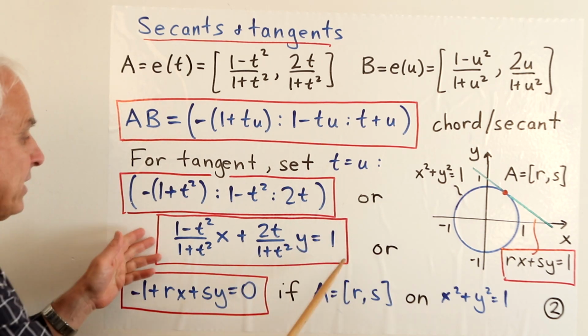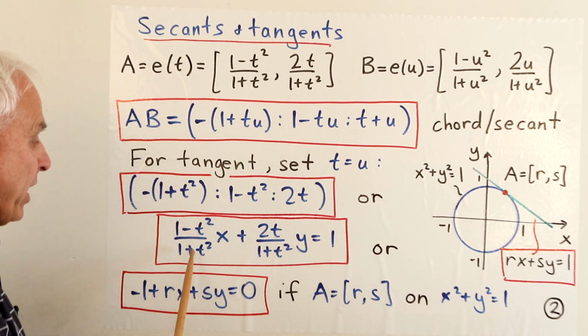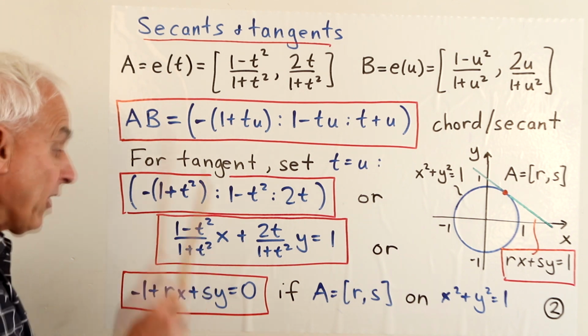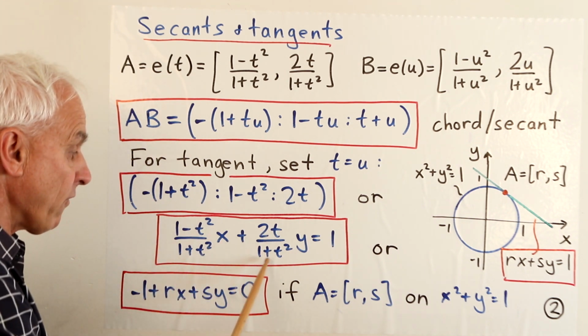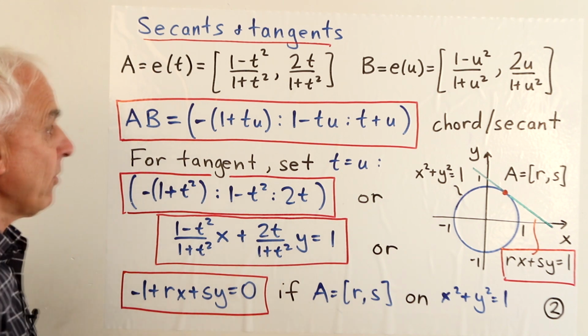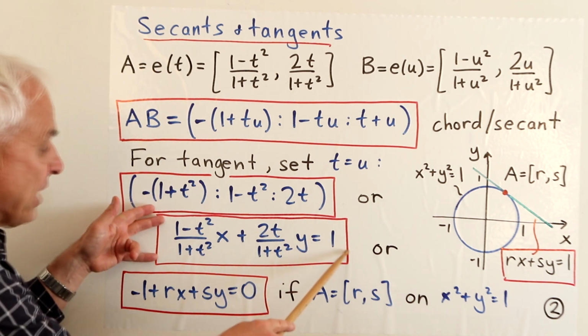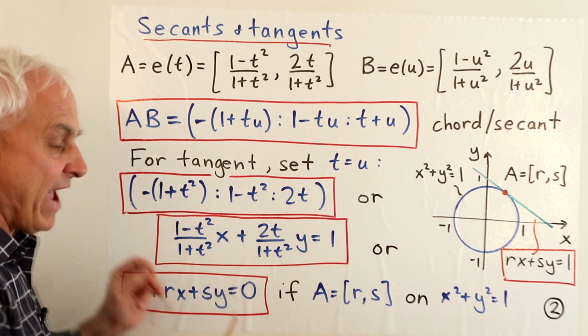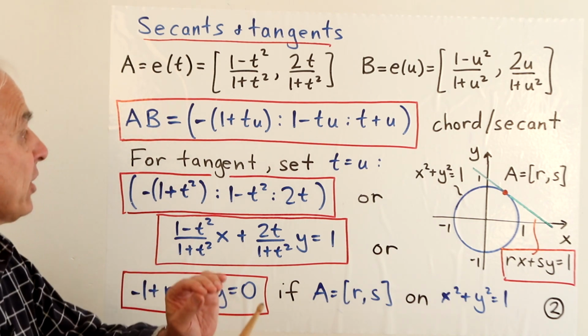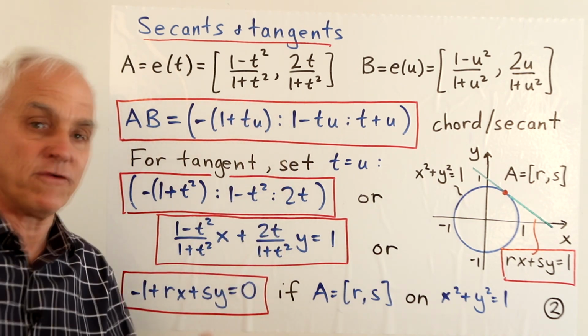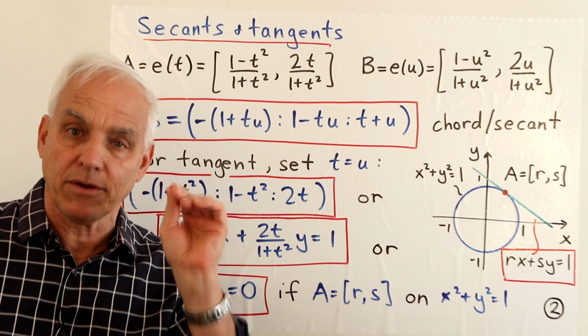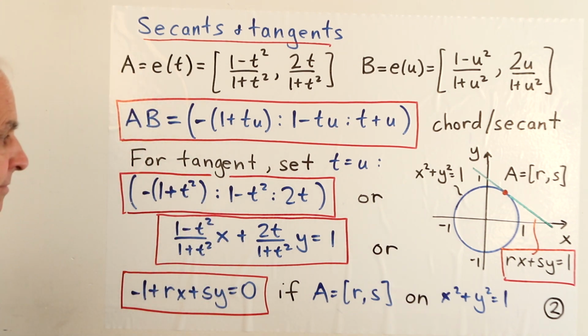Then we get the equation (1 minus t squared over 1 plus t squared) times x plus (2t over 1 plus t squared) times y equals 1. And that's very nice because we see that the coefficients of x and y are exactly the x and y coordinates of the point A at which we're creating a tangent.